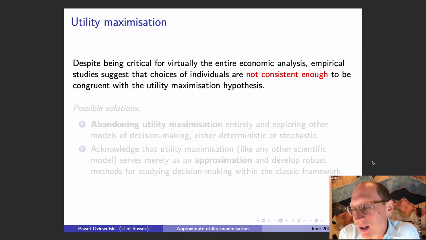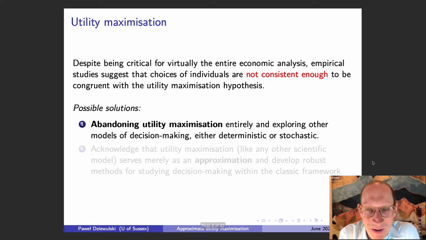There are at least two ways I can think of dealing with this issue. One is quite controversial and pretty drastic, which is we can just throw it away and try and replace it with different models of decision making, either deterministic or stochastic. The issue obviously is that overhauling the whole economic analysis is a daunting task, and I'm not sure we should be doing it straight away.